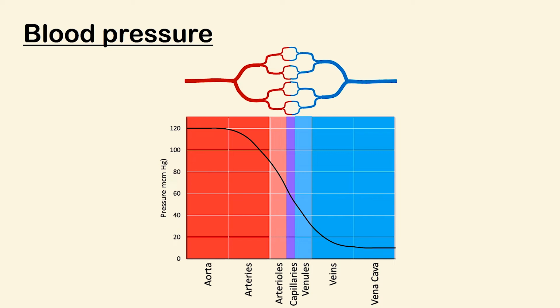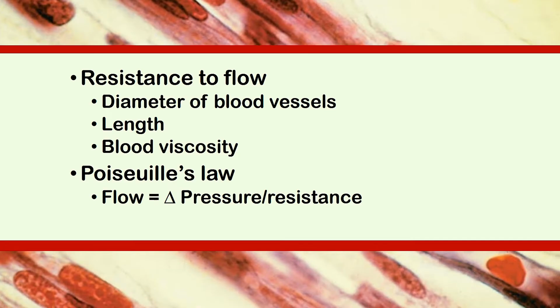The main reason for that decrease in pressure is going to be a certain amount of resistance to the blood flow. There's going to be a certain level of friction between the fluid flowing through the blood vessel and the walls of the blood vessel, i.e. the surfaces of those epithelial endothelial tissues.